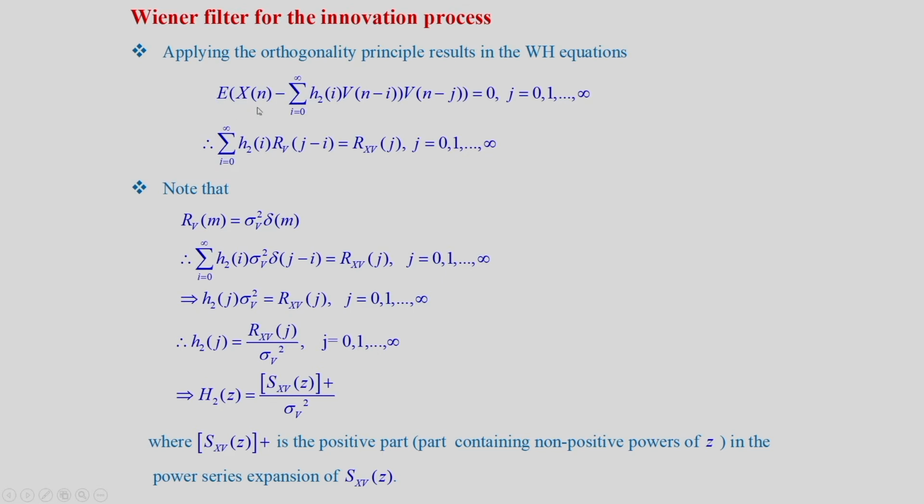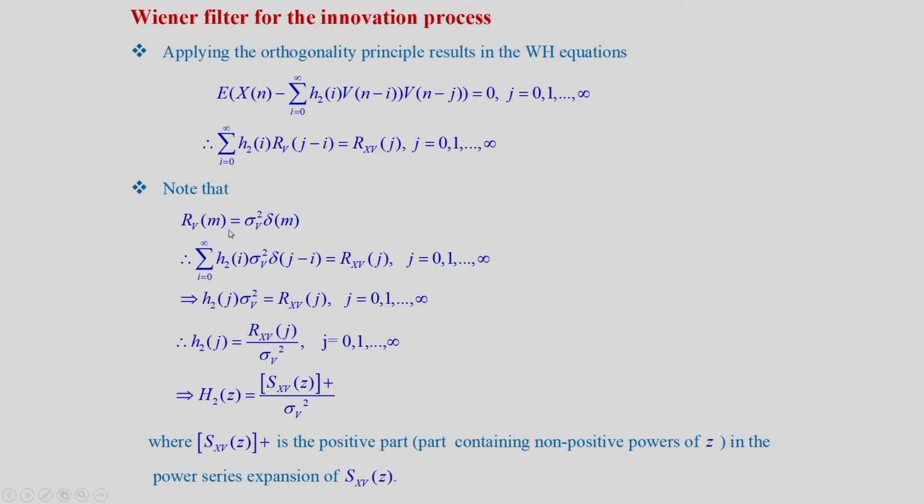Therefore, E of xn minus summation h2i into v of n minus i into v of n minus j must be equal to 0 for j is equal to 0 to infinity. Now, taking the expectation operation, we will get that summation h2i into rv of j minus i, i going from 0 to infinity, must be equal to rxv of j, j going from 0 to infinity. So, this set of equations are the Wiener-Hopf equations for the innovation process.